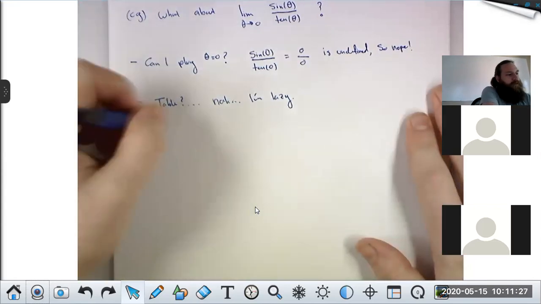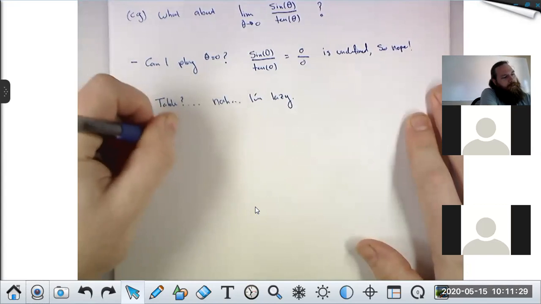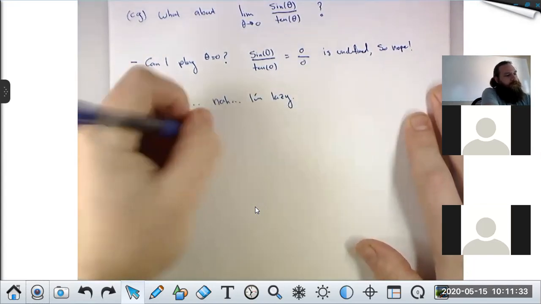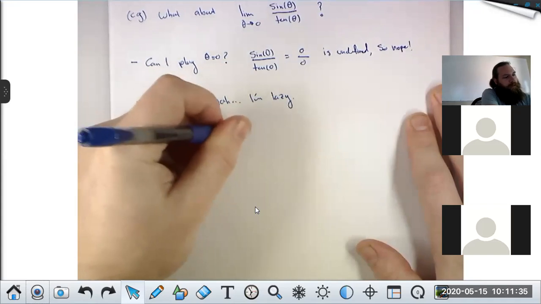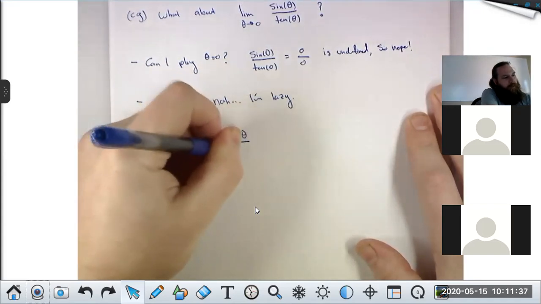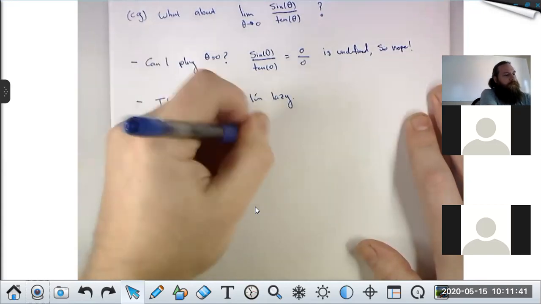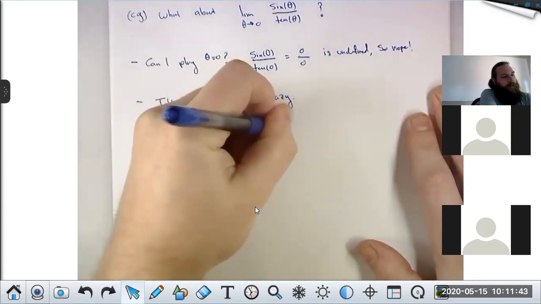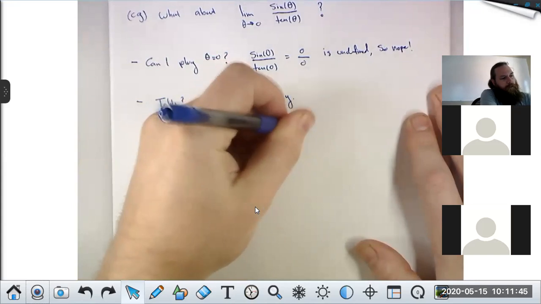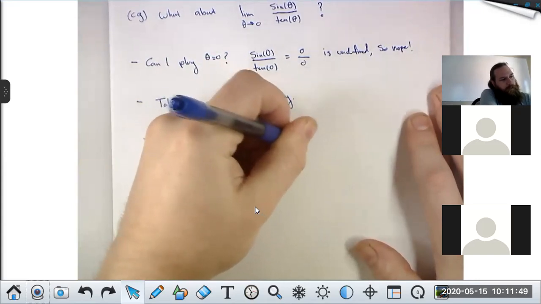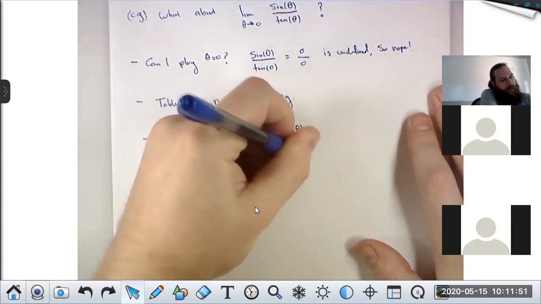So can I do some algebra? Well, let's look. So sine theta over tan theta, and I'll write my parentheses here, as you always should. That's the same as sine theta divided by sine theta over cos theta.